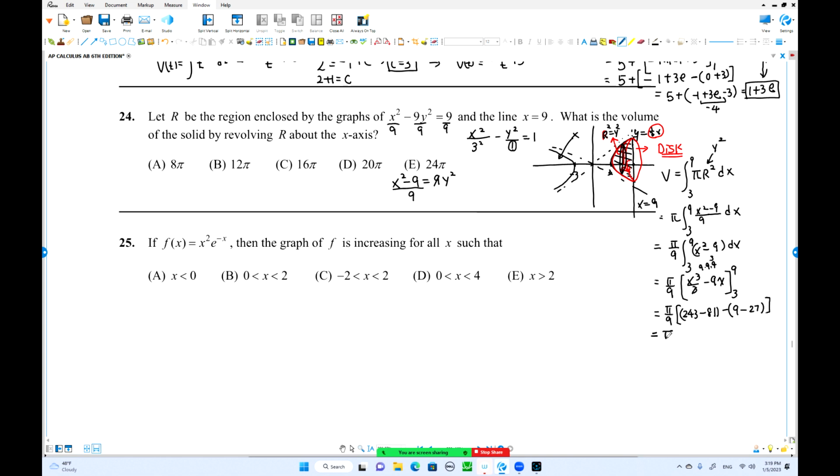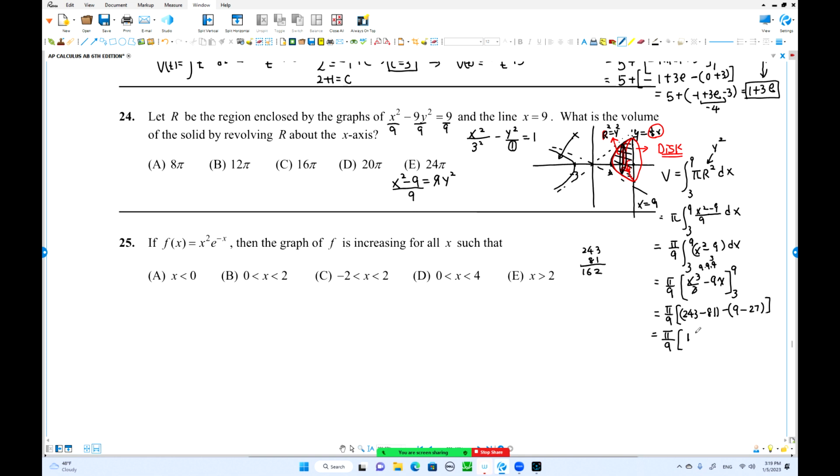Keep going down. Pi over 9 times (243 minus 81) is 162, right?